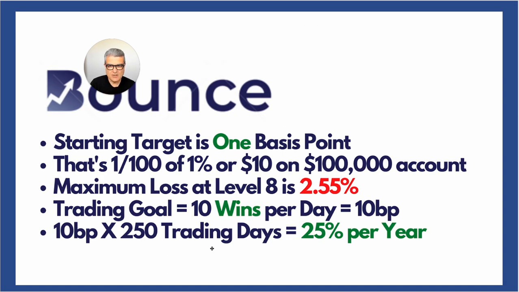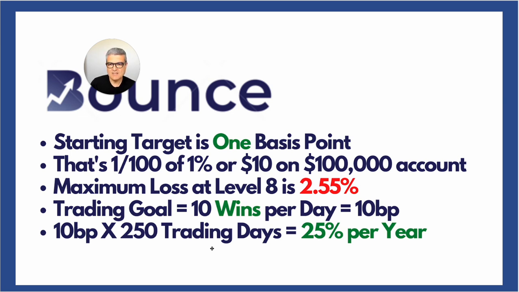Our starting target in terms of P&L is just to make 1 basis point. Now that's a very small amount of money. It's 1/100th of 1%, or literally $10 on a $100,000 account. But if we start that small, and if we hit that very, very rare stop out event, our total loss at that kind of sizing is only 2.5%.